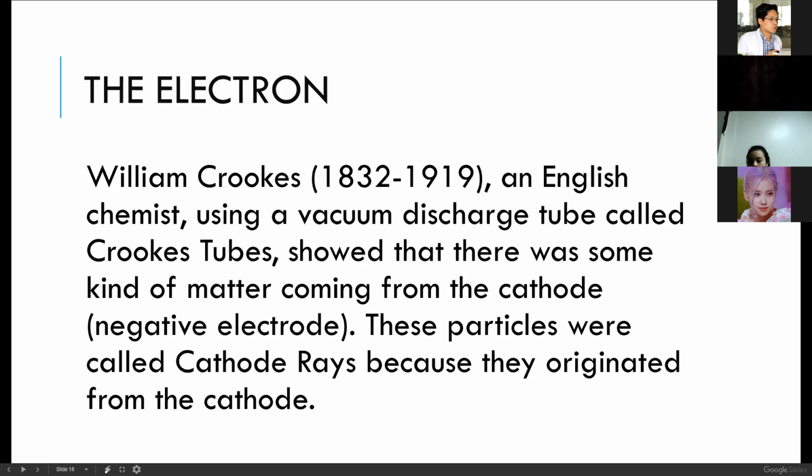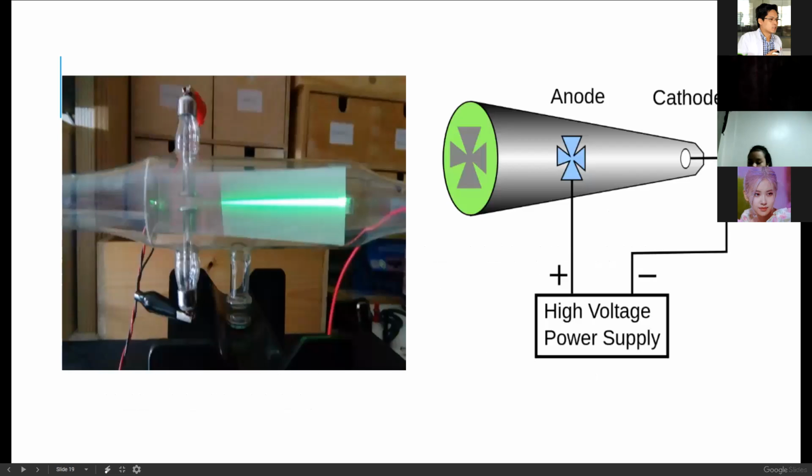That is actually the CRT, the cathode ray tube. Just like this one, this is actually a cathode ray tube. They use electrons, the negative electrons, to project an image to the cathode ray tube.